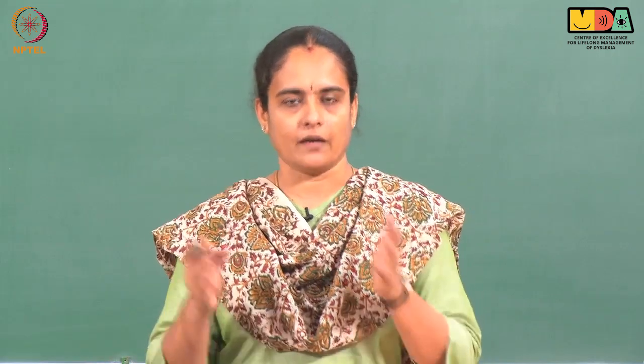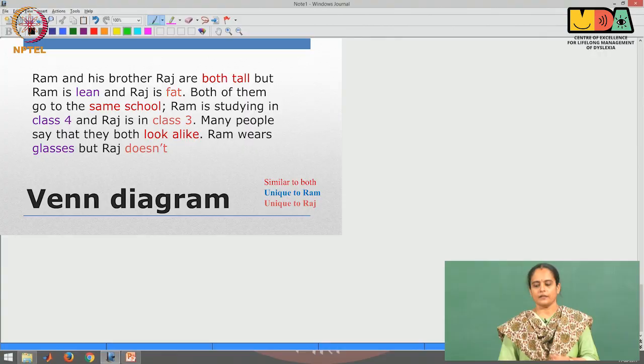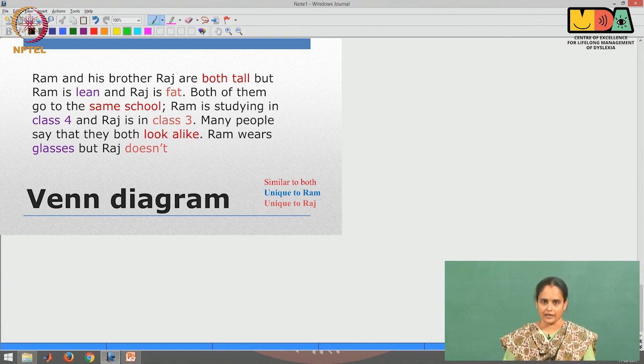Now, let us see how to do a Venn diagram using a very simple paragraph. This is a very simple paragraph that compares two brothers Ram and Raj. Ask the child to identify properties or characteristics that is specific to Ram. Use a color. Ask the child to identify the properties belonging to Raj and identify the properties that is belonging to both. Okay.